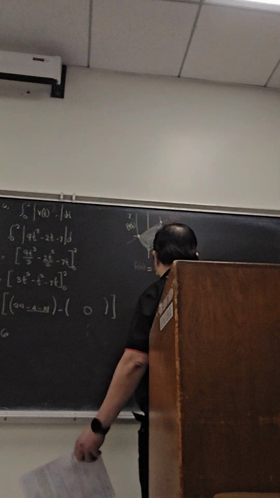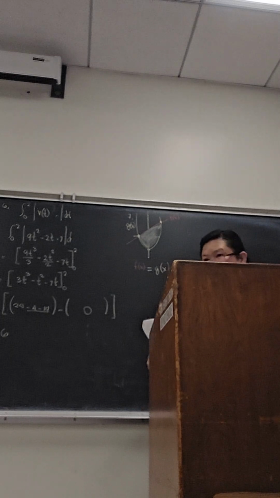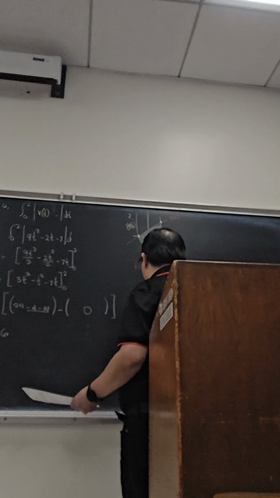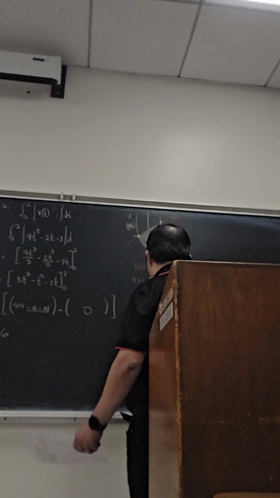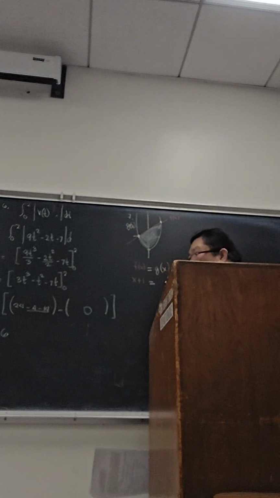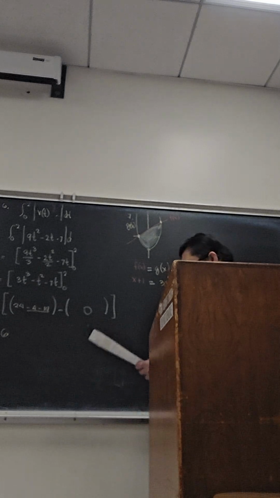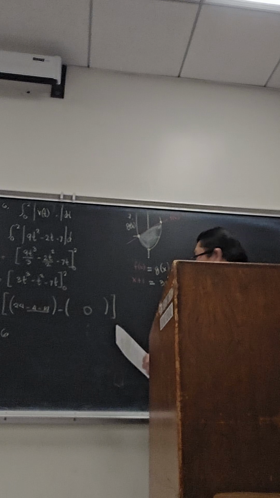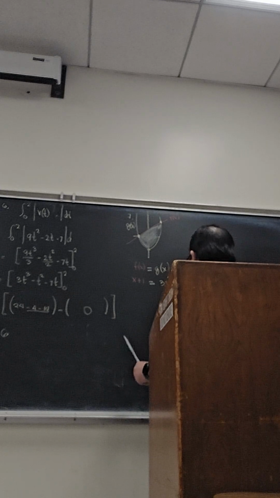I'll do color coding, okay? So what is f of x? x plus 1. So we have x plus 1 equals, what is g of x? 3x squared plus x minus 2.